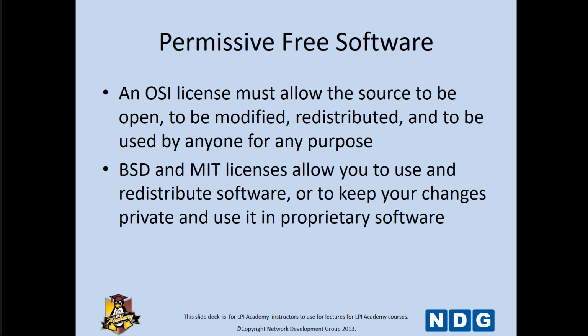Permissive free software: any OSI license must allow the source to be open, modified, redistributed, and used by anyone for any purpose. BSD and MIT licenses allow you to use and redistribute software, or to keep your changes private and use it in a proprietary software environment. So there are some differences between the different organizations and how they've licensed their software.